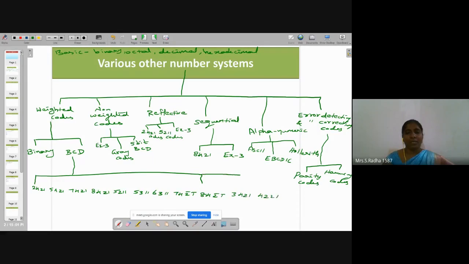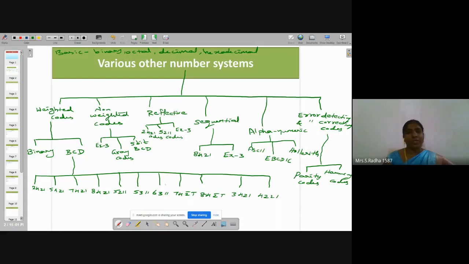All these are different types of BCD codes, and what I have written are position values. If I go to the next slide, I will explain what all these BCD codes are.